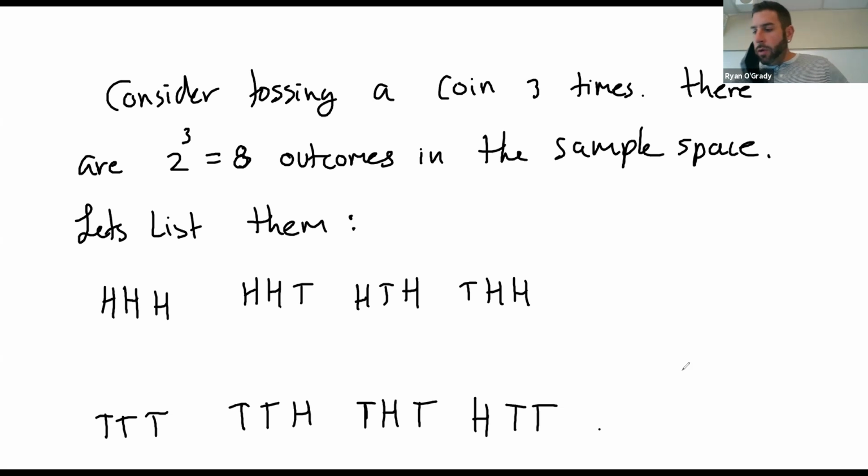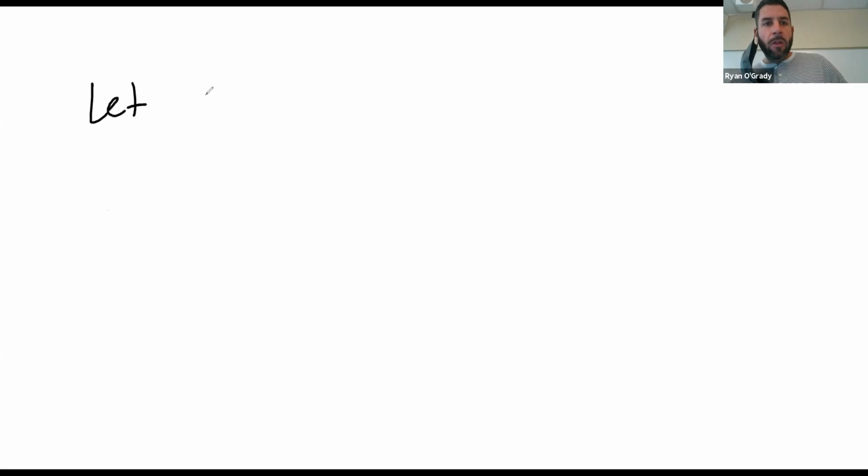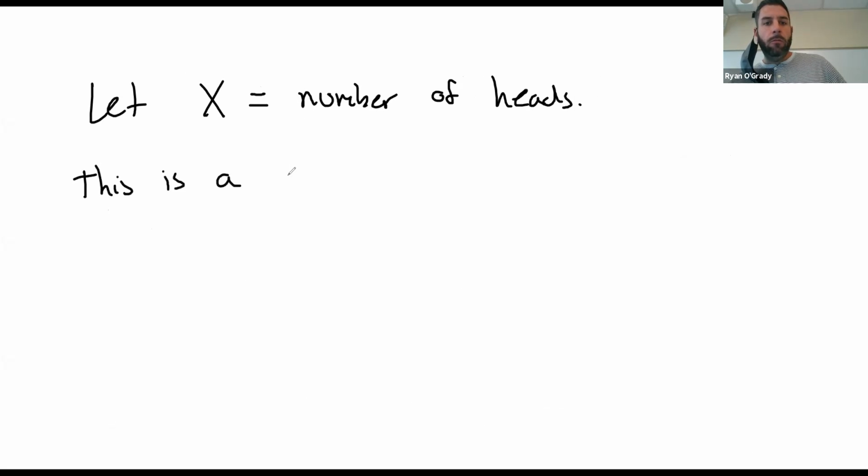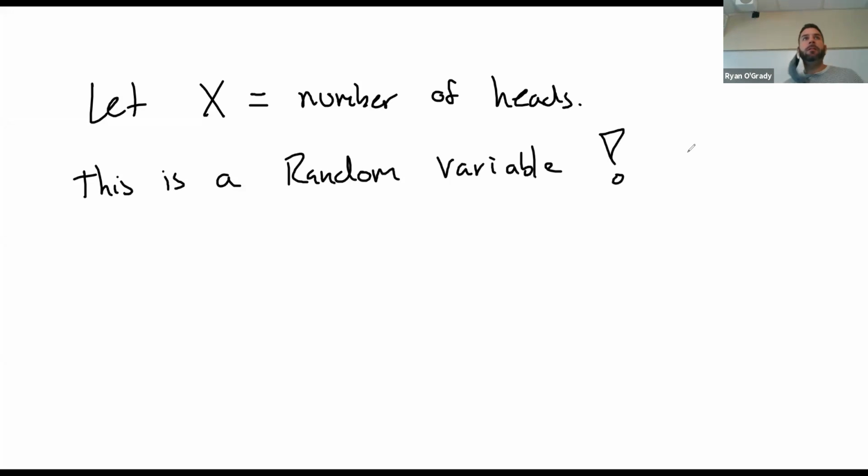So what we're going to do is let X, capital X, equal the number of, say, heads. That is a random variable.